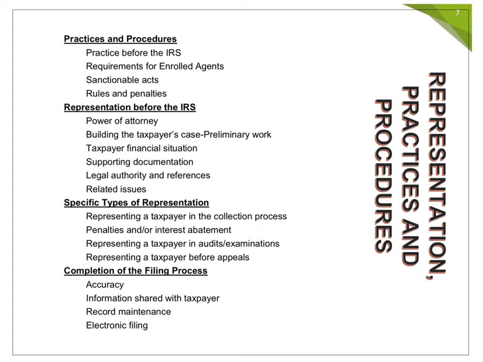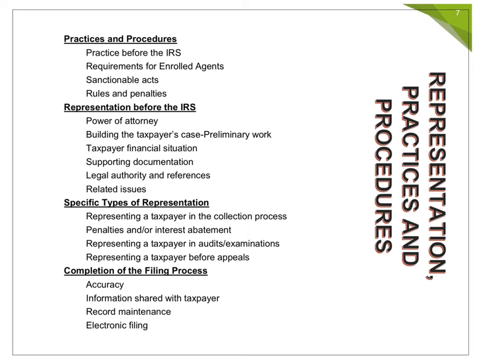And the next heading is representation before the IRS. It talks about the power of attorney, building the taxpayer's case, preliminary work, taxpayer financial situation, supporting documentation, legal authority and references, and other related issues.